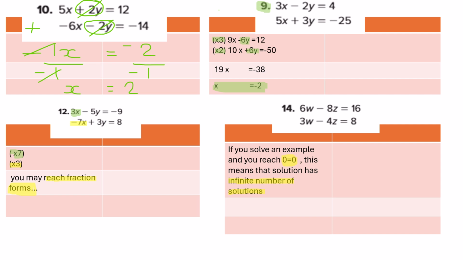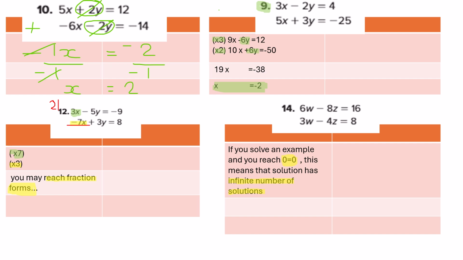In number 12, when you try it out, you may reach a fraction. Remember, if you have 7 and 3, you need to reach the LCM of 21. So you will multiply your first equation by 7 and your second equation by 3, and therefore 21 and 21 will eliminate.